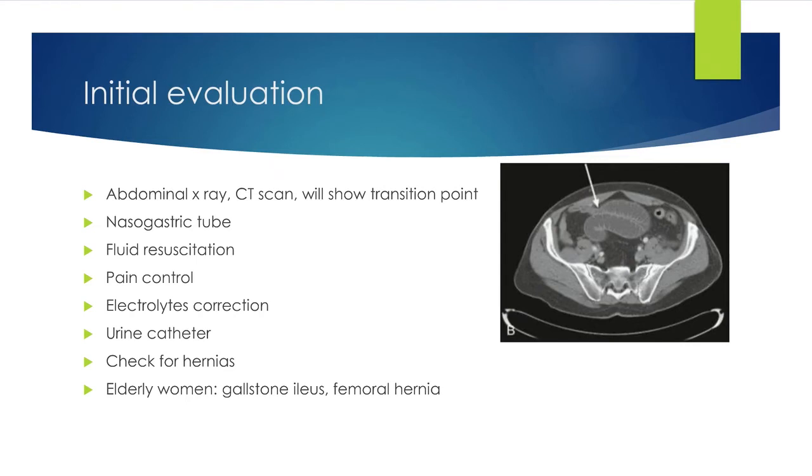The dilated loops are in the central part of the abdomen, in contrast to the large bowel obstruction, which tends to have dilated loops on the periphery or picture frame side of the abdomen.